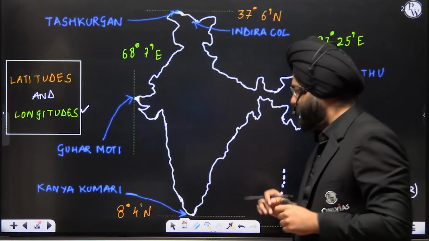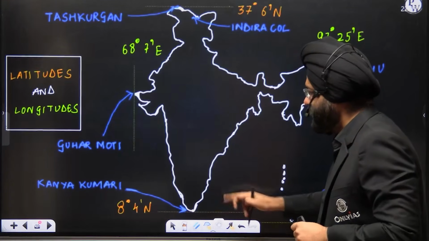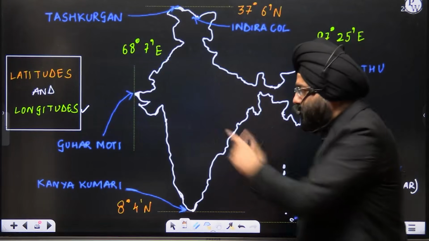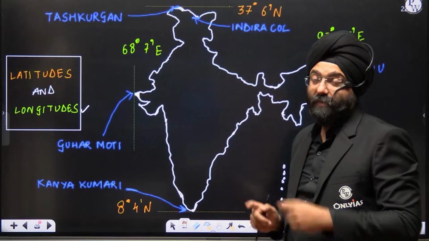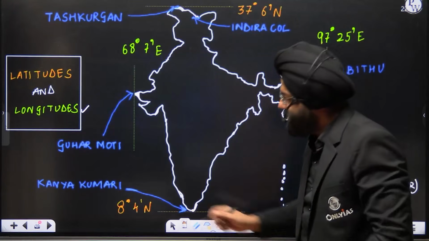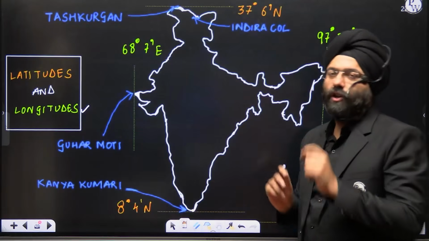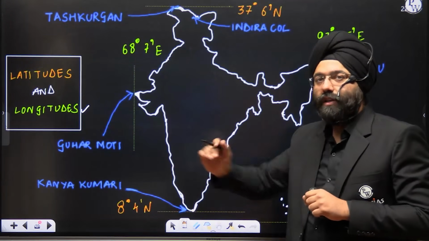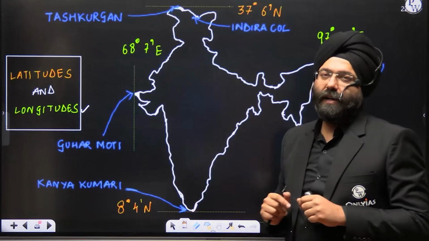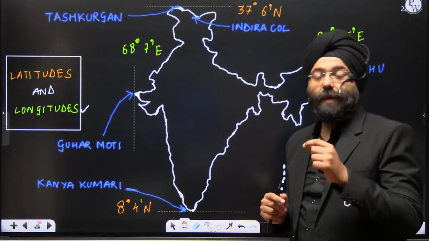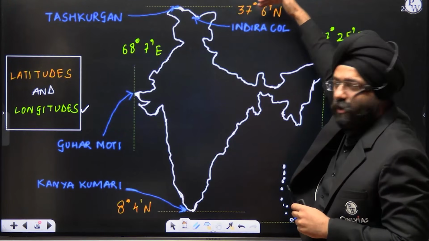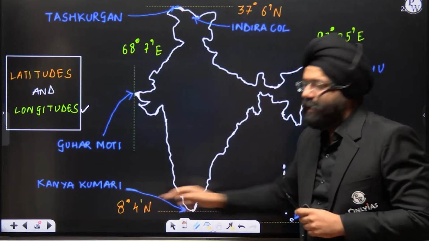Please understand, if we consider the southernmost point of India with respect to the Indian mainland, then it is 8 degrees 4 minutes north latitude. The point being Kanyakumari in the state of Tamil Nadu. So northernmost being 37 degrees 6 minutes north, southernmost being 8 degrees 4 minutes north.